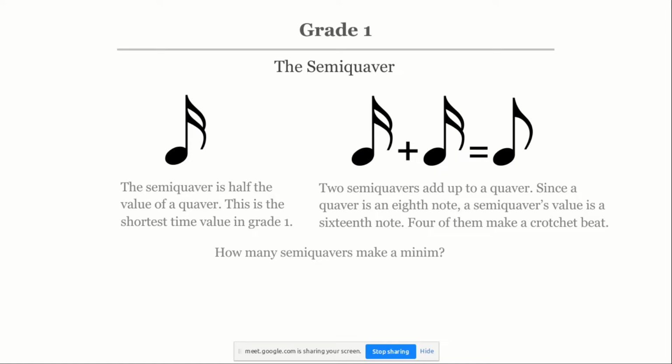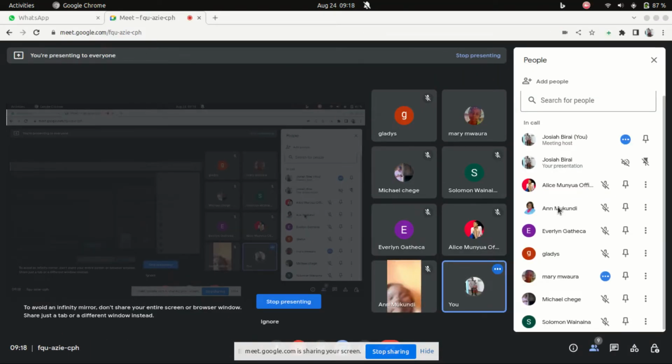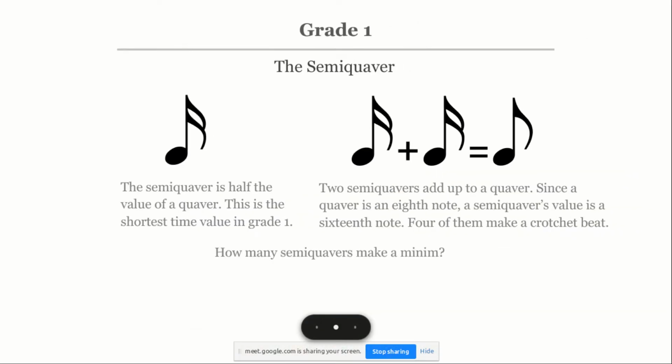Remember, a minim is equal to 2 crotchets, and each crotchet has 4 semiquavers. So how many semiquavers will make a minim?